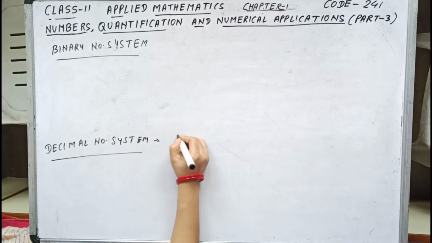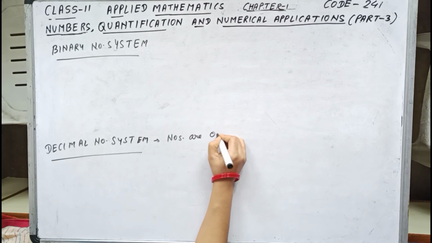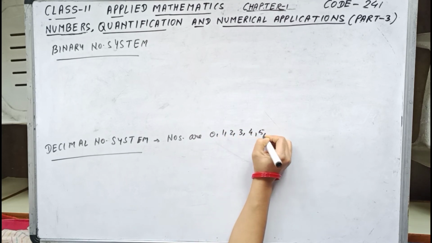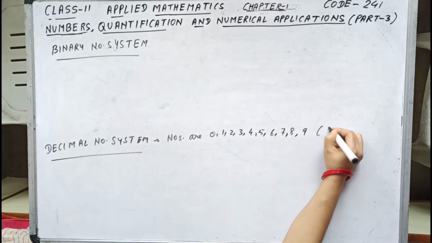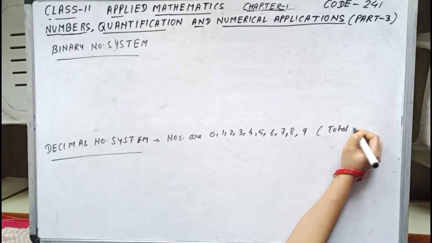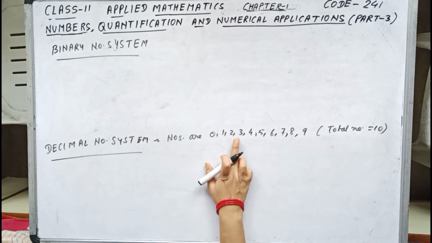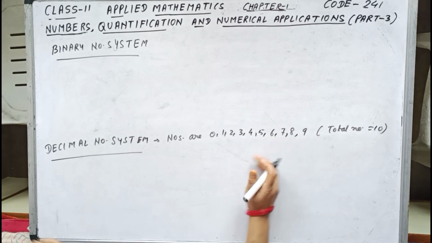In the decimal number system, the numbers are 0, 1, 2, 3, 4, 5, 6, 7, 8 and 9. So the total number equals 10: 1, 2, 3, 4, 5, 6, 7, 8, 9 and 10. So 10 numbers are there.